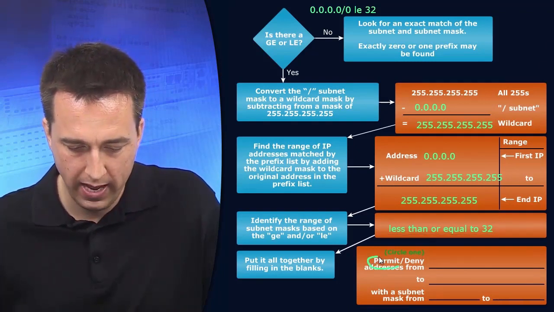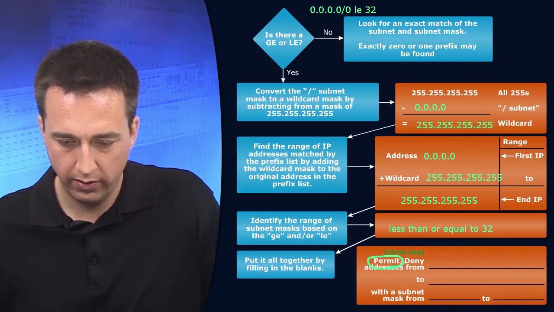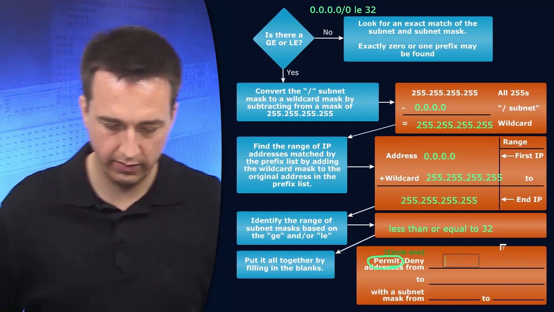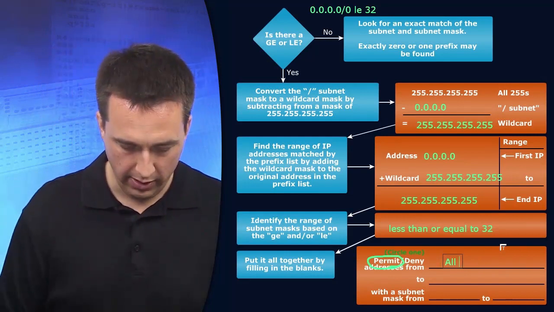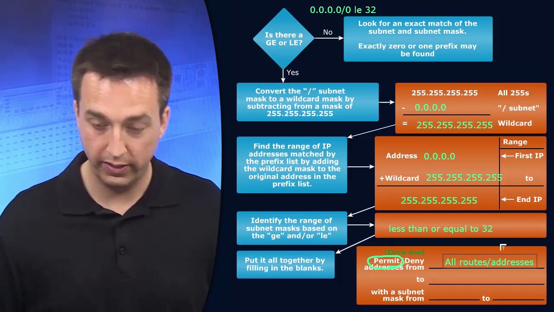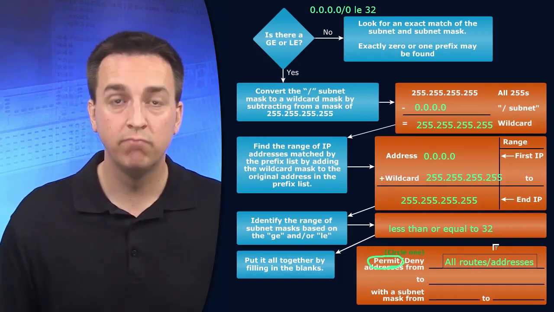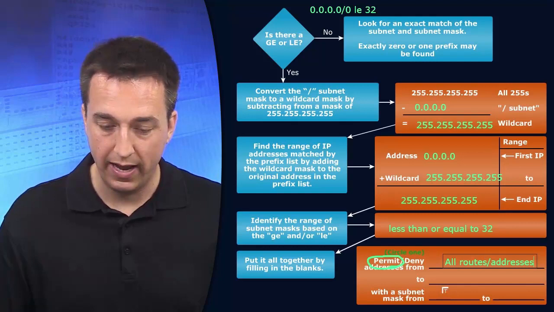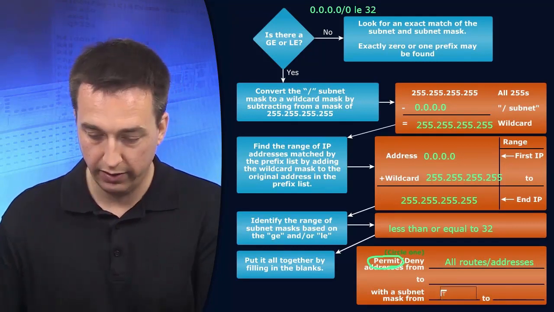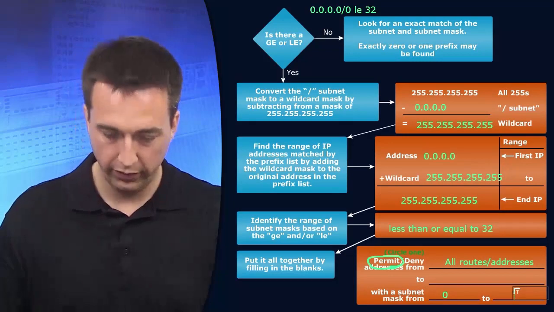So we're permitting what? What are we permitting? All routes slash addresses. That's what we're permitting. With a subnet mask from 0 to 32.